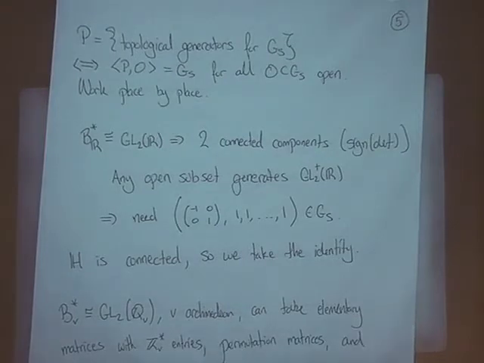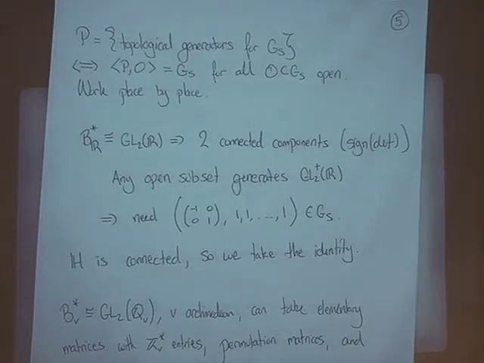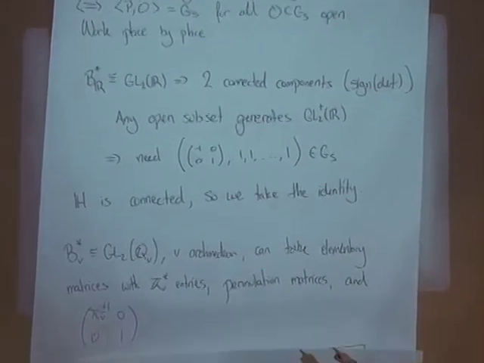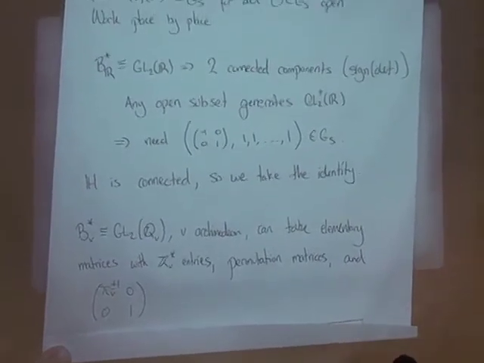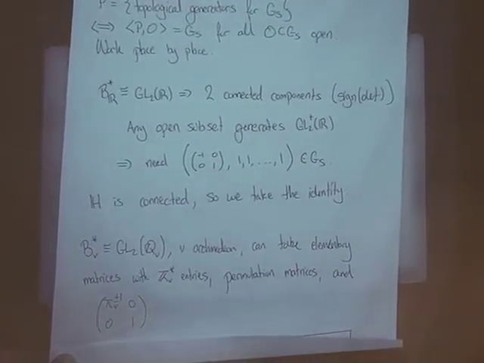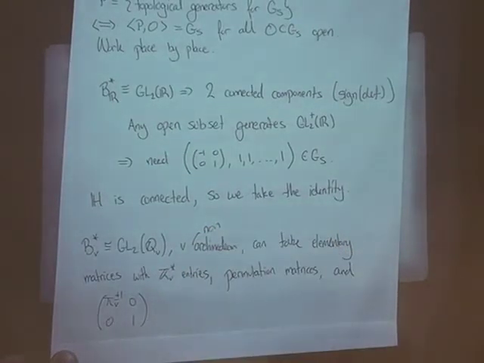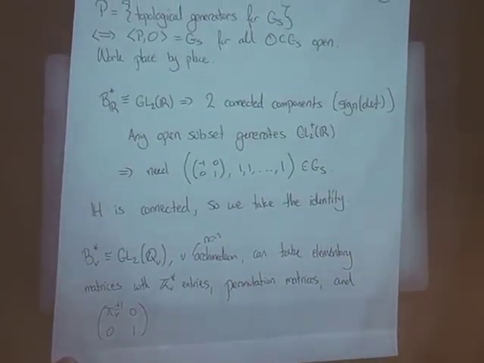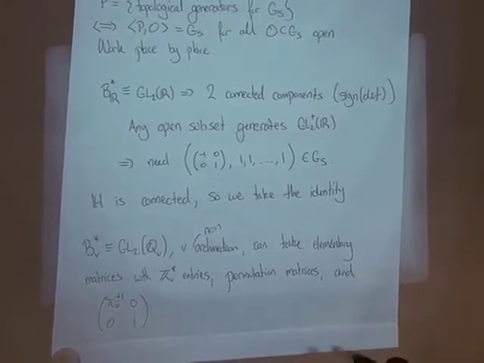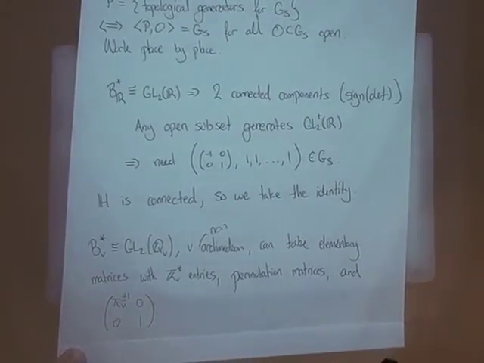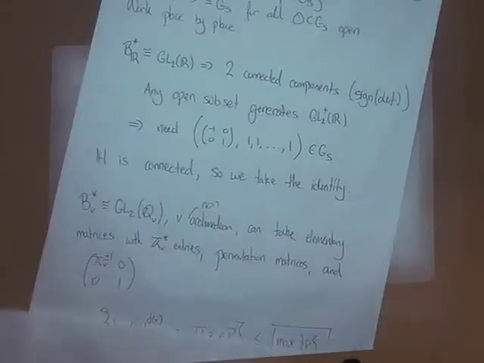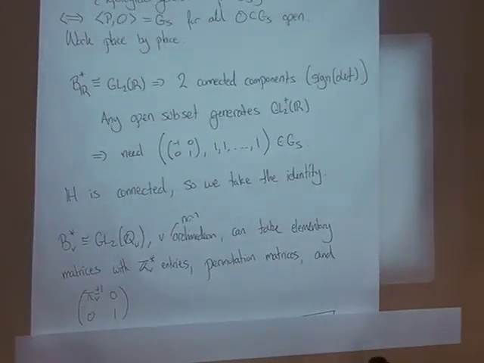I'm going to skip the division algebra over a local field, but you can do it, I swear. Basically, you can take elements that look like this, and that's going to suffice, because this allows you to transform this matrix to something diagonal.